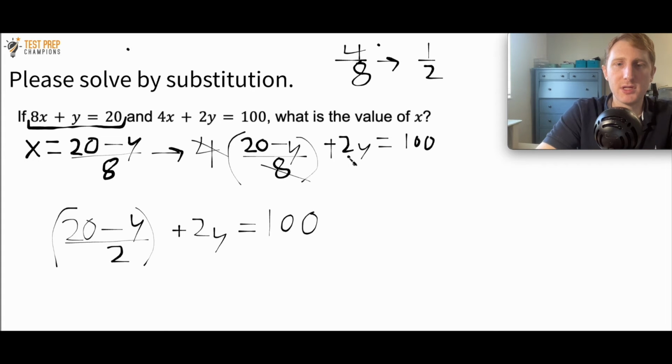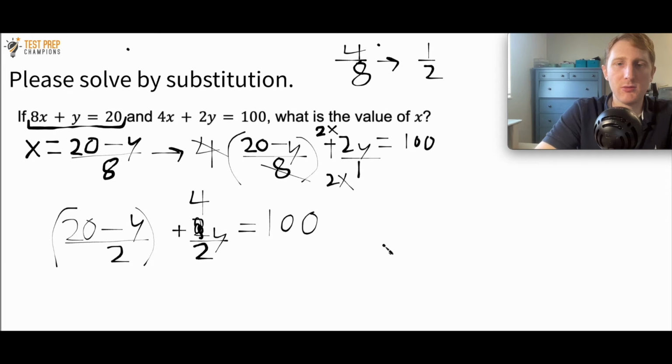So I can think of this 2y as 2y over 1. And if I multiply both the top and the bottom numbers by 2, I get a common denominator. Again, I'll try to remember to put a link in the description to a video where I cover addition with fractions, because it's an important skill to know how to get a common denominator.